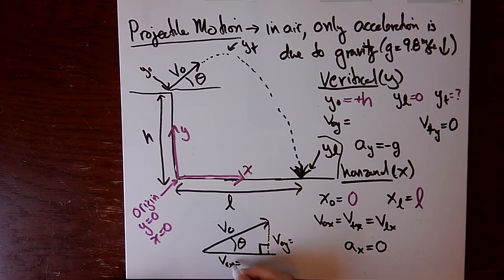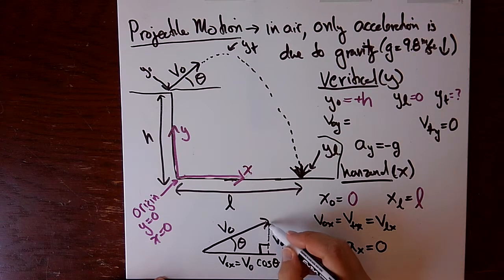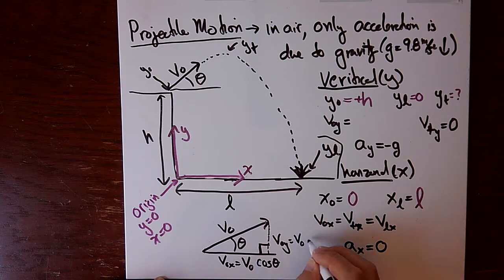Again, we're dividing up into components, so we've always got to get the magnitude, and then we just got to figure out which trig function we need. This side here that is x is adjacent to the angle, so this is going to be cosine of that angle, and this side here is opposite the angle, so it's going to be the magnitude times the sine function.